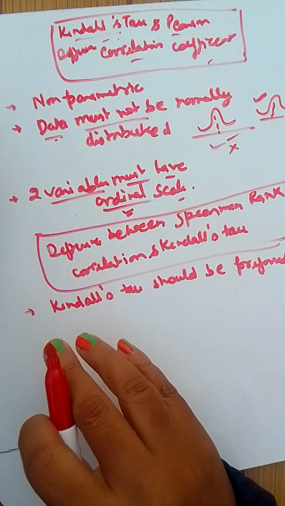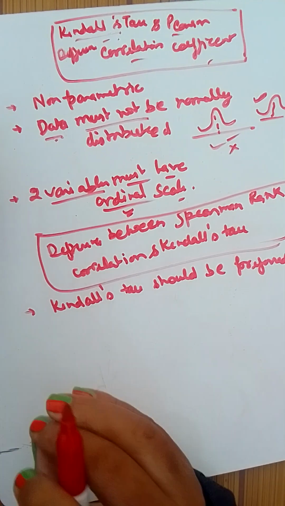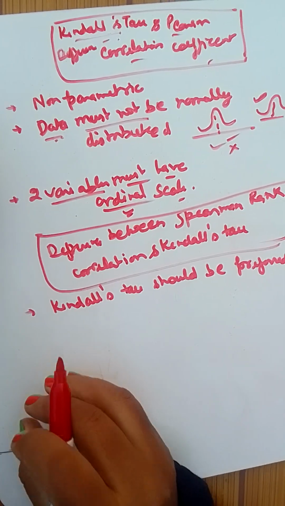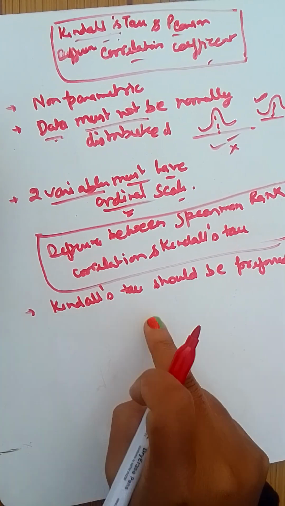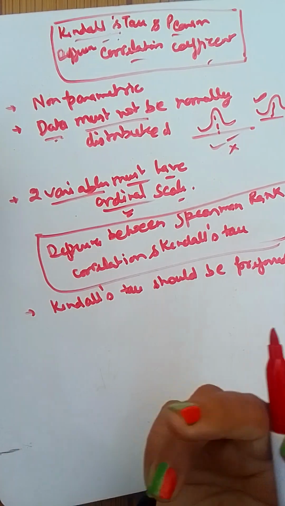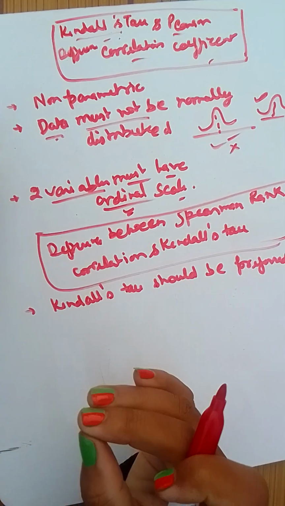As a data scientist, you should have knowledge of which formula or which Python code you would have to apply to solve this particular problem. So by seeing the data, there is very little difference between Spearman rank correlation and Kendall's tau. What is that difference?